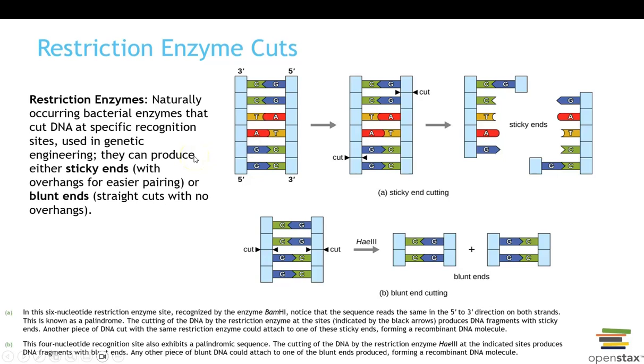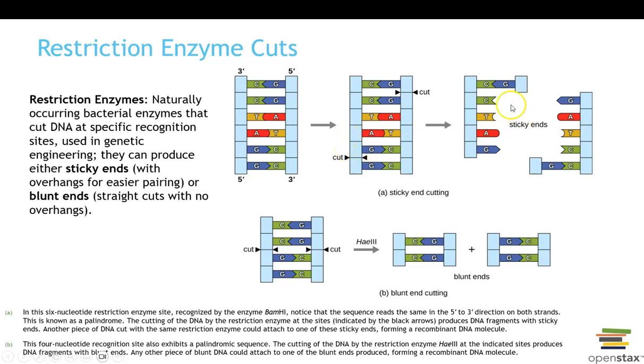So let's learn a little more about the restriction enzymes. If you remember, I said restriction enzymes are natural enzymes that the bacteria have, and they produce them in order to break down the DNA of their antagonistic bacteria or pathogens that can attack them. It's just a defense mechanism for the bacteria. So imagine if we cut the plasmid at a certain sequence that the restriction enzyme can identify.